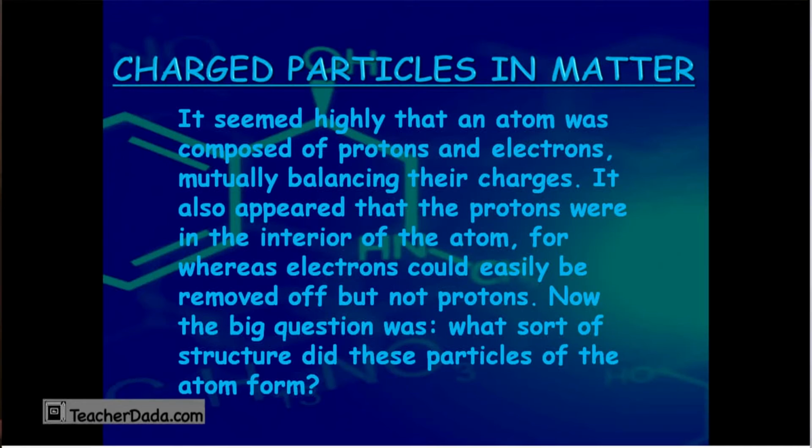Then what sort of structure do these particles have? That was a very interesting question for the scientists of that time, and they tried their best. Let us see further what experiments were carried out to explain the atom.